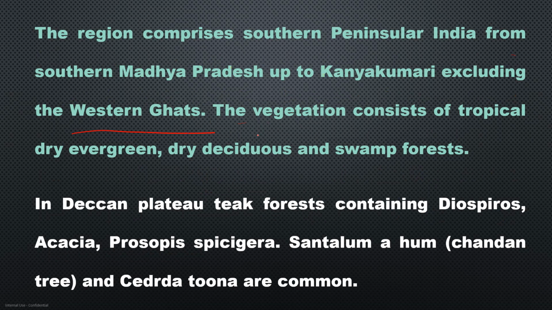The vegetation consists of tropical dry evergreen, dry deciduous, and swamp forests. Right. The Deccan Plateau teak forest contains Diospyros, Acacia, Prosopis, Santalum, that is Chandan, very famous here, Cedrela. These are very common trees found over here.